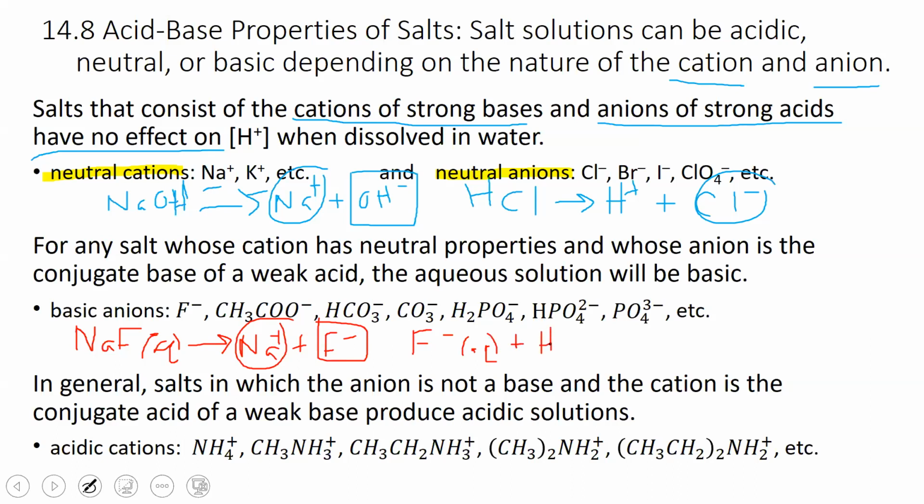Now, fluoride is the conjugate base of a weak acid, which means that fluoride itself is a weak base, so it's going to react with water to deprotonate water and form HF plus hydroxide.